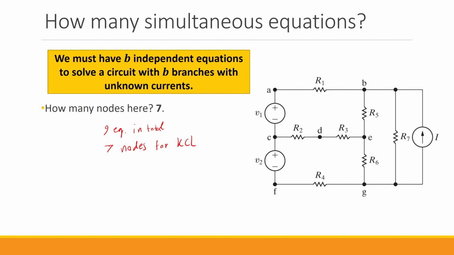So out of these 7 nodes, we can use 6 of the nodes as independent equations. So we needed 9 equations. We have 6. What is left? We need to have 3 more equations.